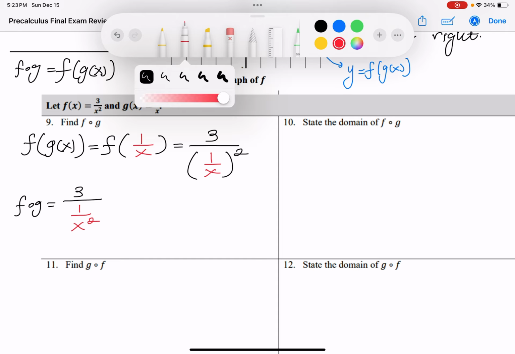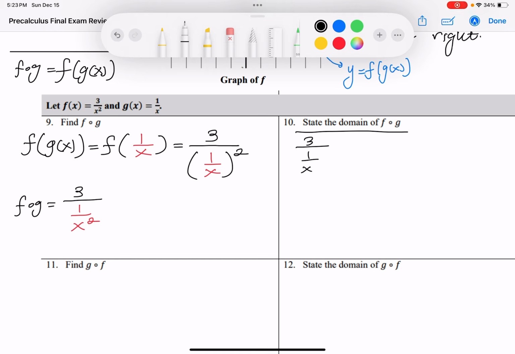Now, before I do any other math for my domain, I'm going to take the function 3 over 1 over x squared and put that over here. That's going to help us for our domain. But when we divide by a fraction, we can change that to multiplication of the reciprocal by utilizing what is called keep, change, flip.